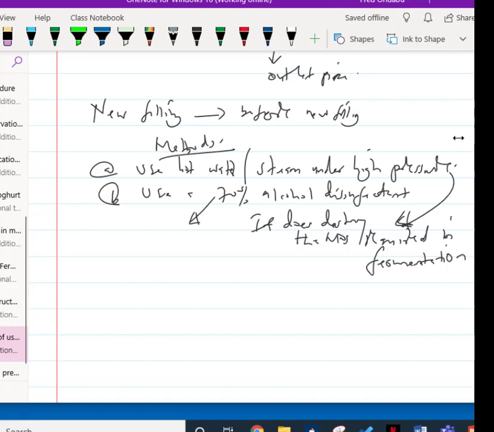Now, why do we need a sterilized fermenter and sterilized nutrients? What if you use an unsterilized fermenter and unsterilized nutrients?